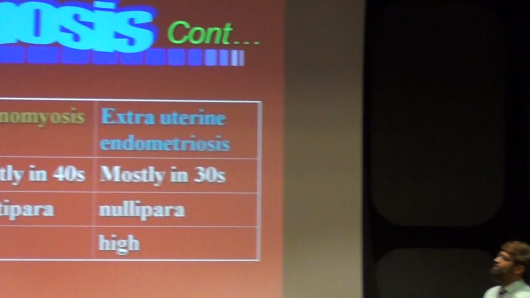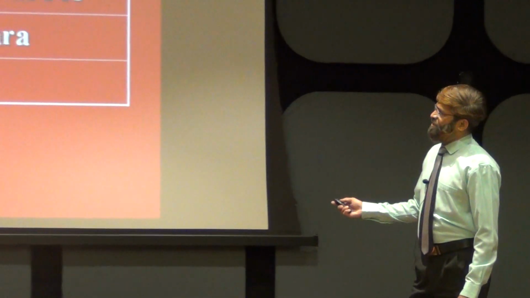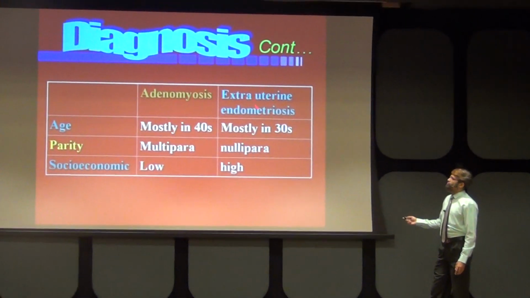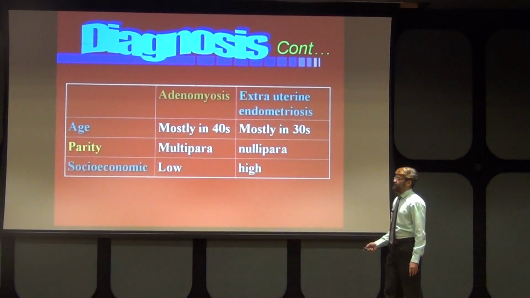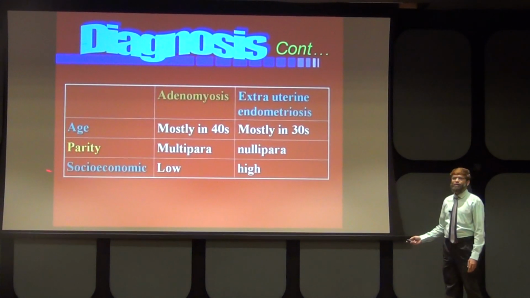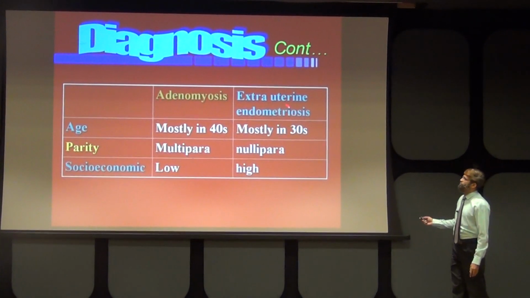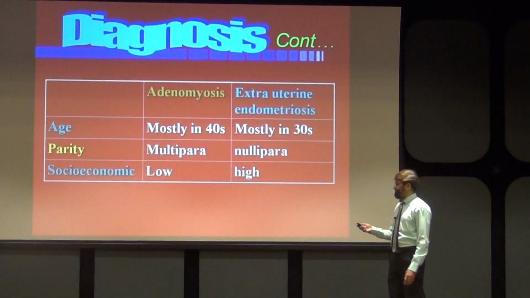Parity: females with adenomyosis are multiparous, while females with extrauterine endometriosis, endometriosis externa, are nulliparous. Another differentiating point is that endometriosis interna is seen in females in the low socioeconomic strata, while endometriosis externa is seen in females in high socioeconomic strata.